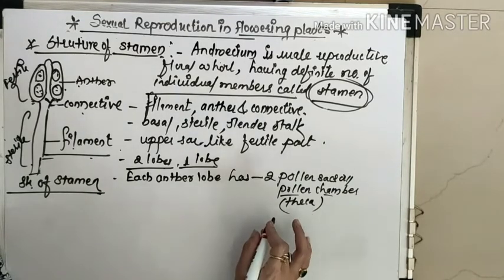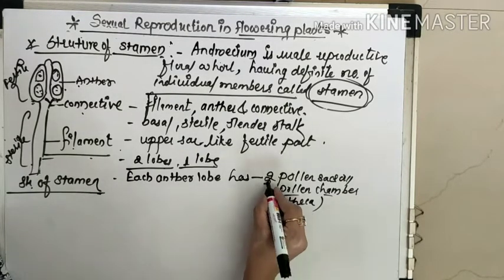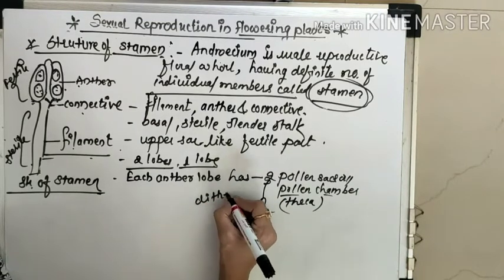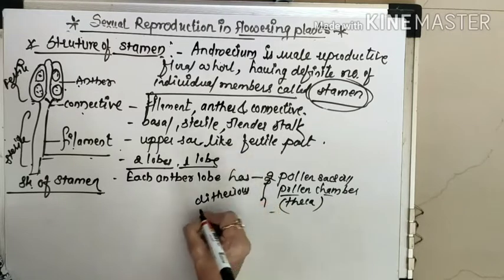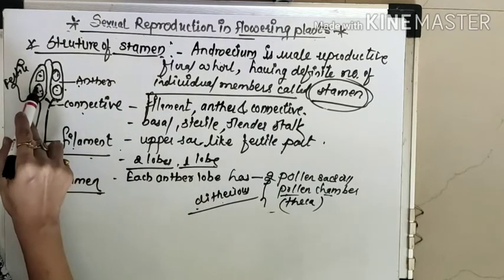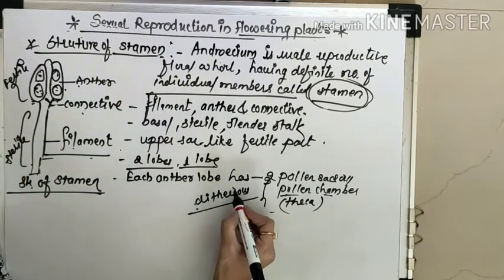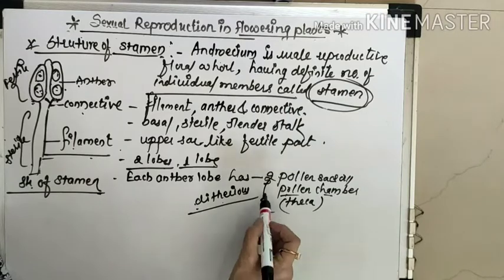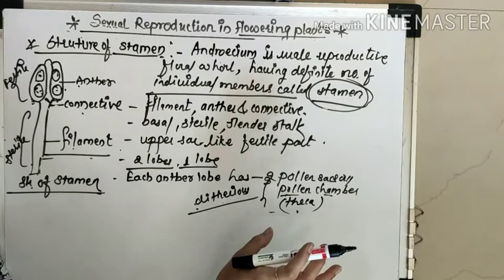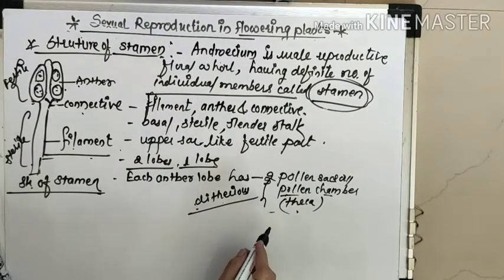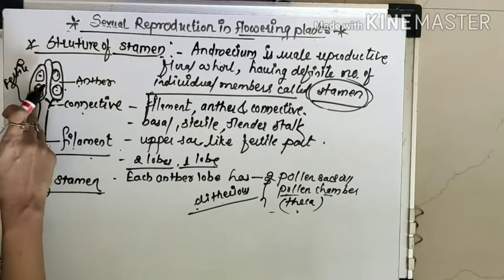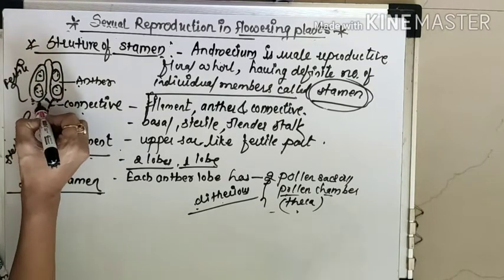It means each anther is dithecous. They have two pollen chambers in each anther lobe, so they are dithecous. The pollen chamber is also known as pollen sac or theca. The joining of these two anther lobes is a strip of sterile tissue.